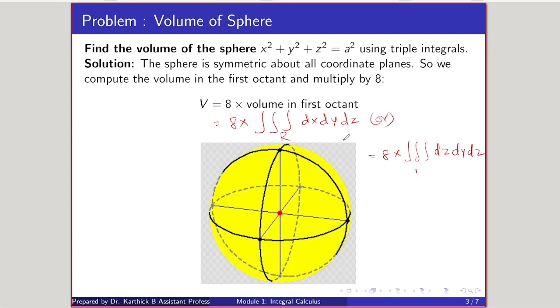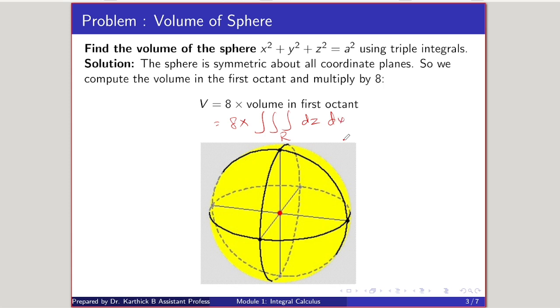There are two forms. Either you can choose dx, dy, dz, or else dz, dy, dx. Of course, this is more familiar, so I may go with dz, dy, and dx.